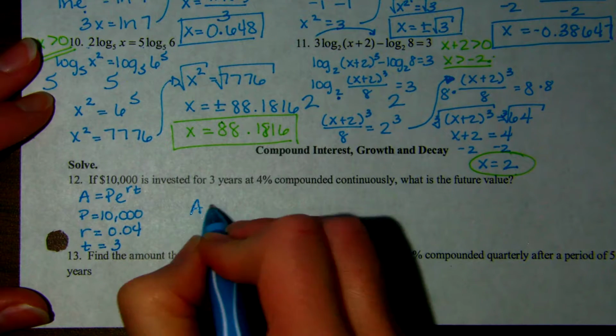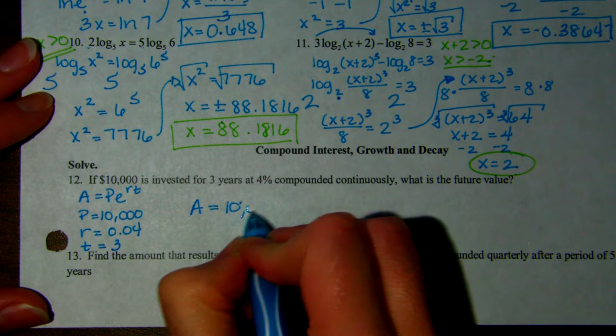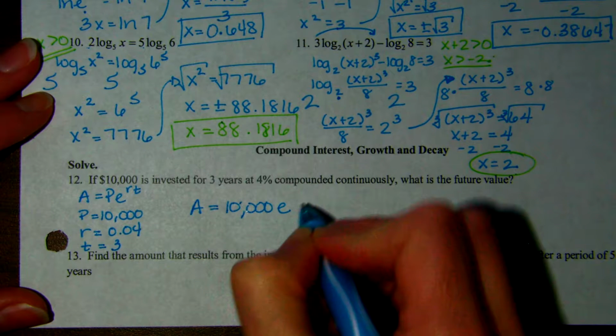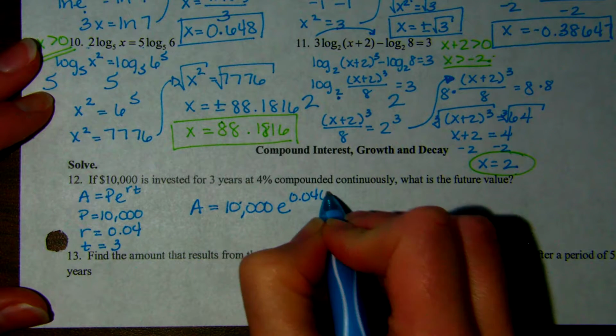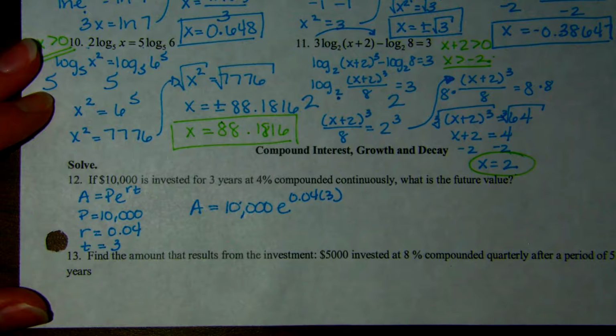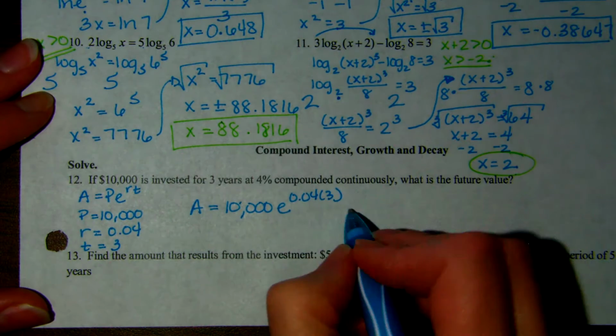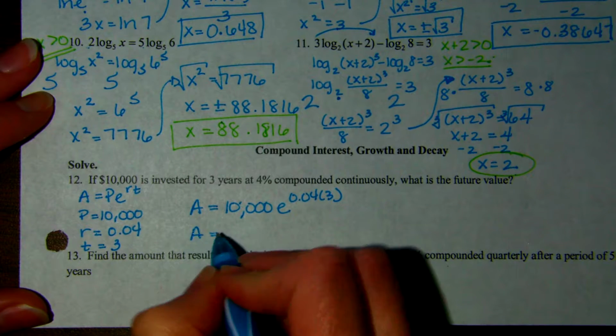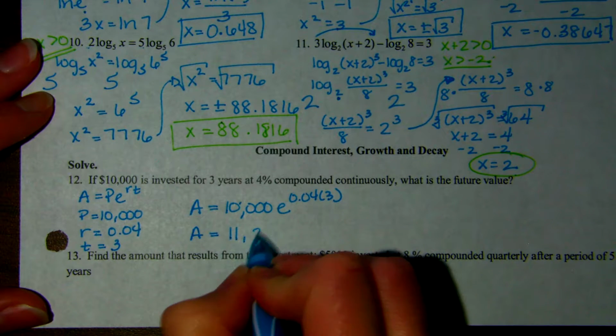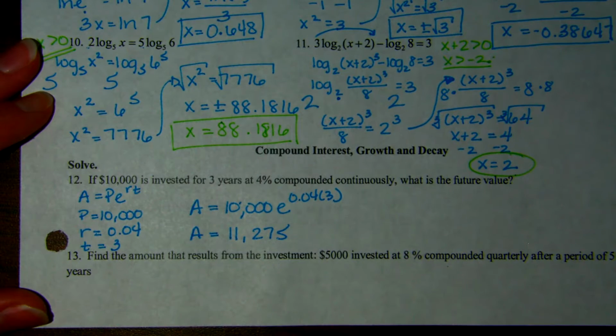So they just want the A value. So A equals 10,000 e to the 0.04 times 3. So you just throw that into the calculator and you get 11,275.